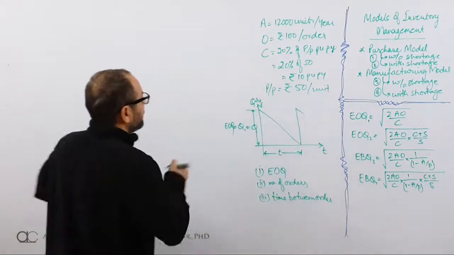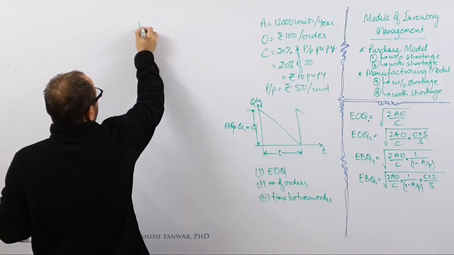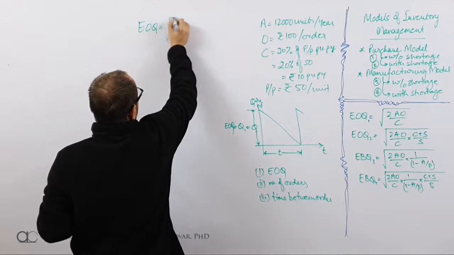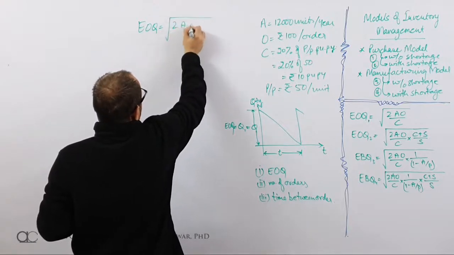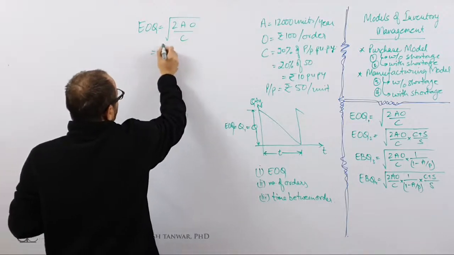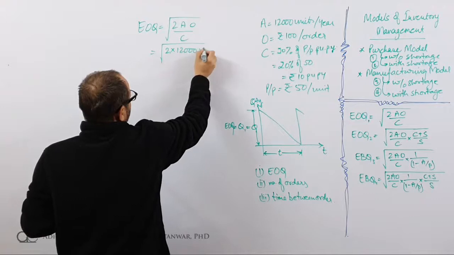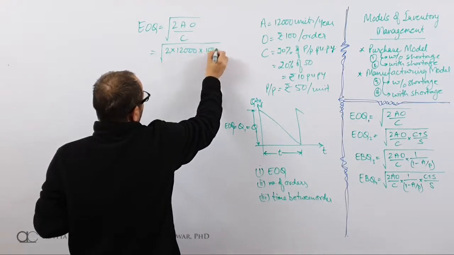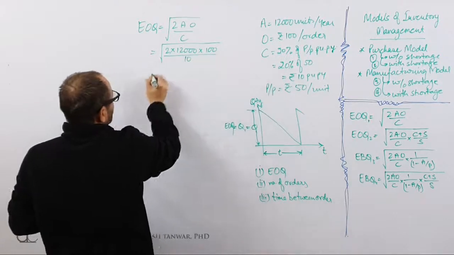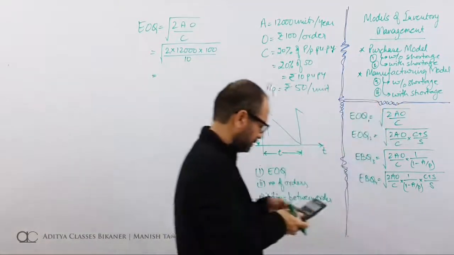Now can we go ahead and find out these values? EOQ is equal to Q1 is equal to Q. EOQ is equal to under the root 2AO upon C. How much will this be?